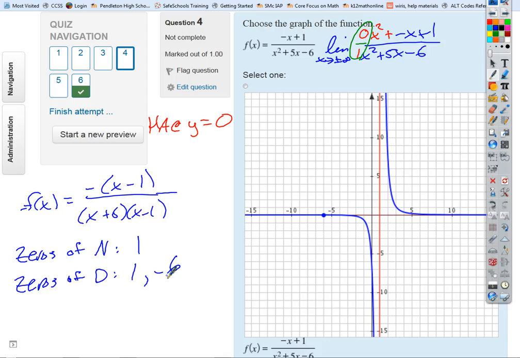Okay, so what's going on then? So where's there a hole? At 1. Okay, we get a hole at 1 because it's a shared 0. And we get, what's that? A vertical asymptote. Okay, good. So we can find one like that.